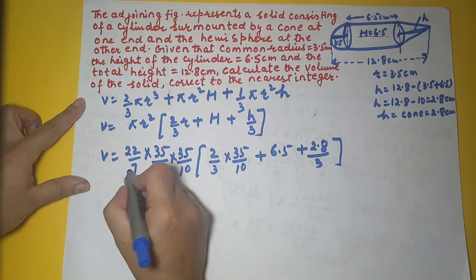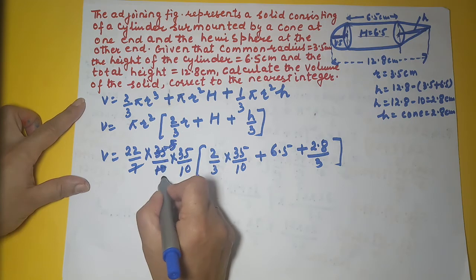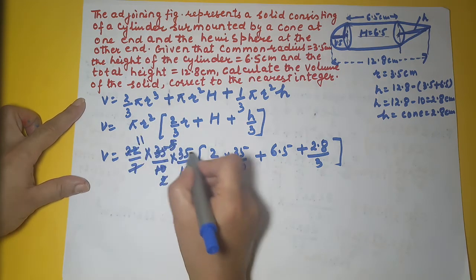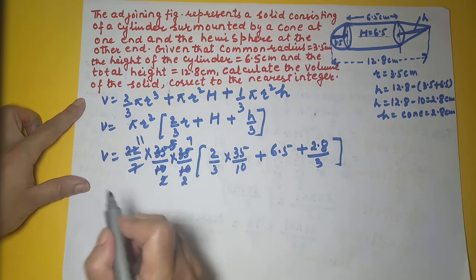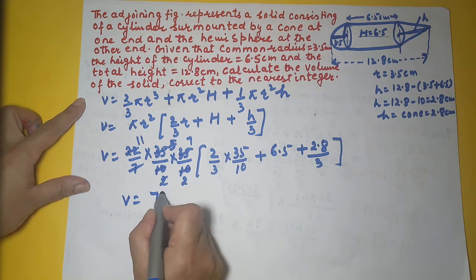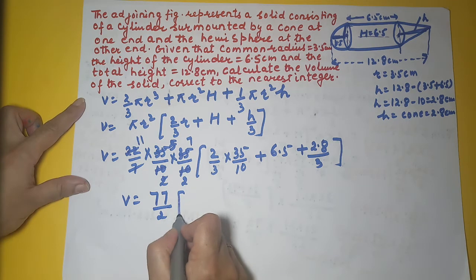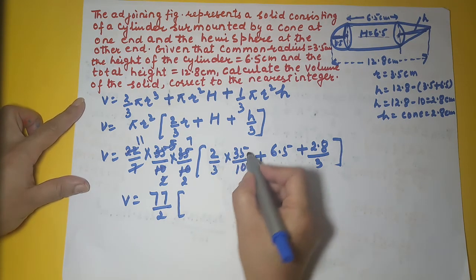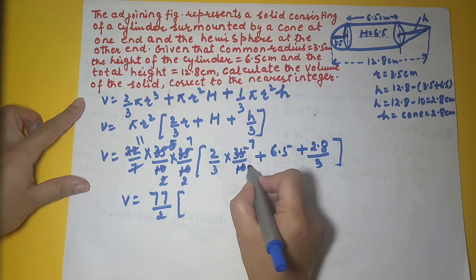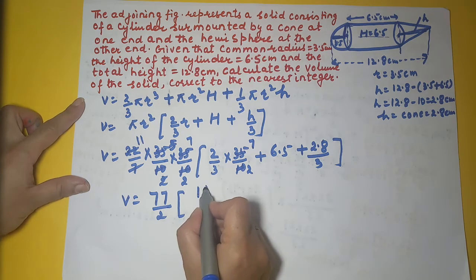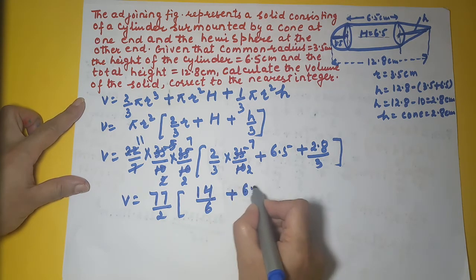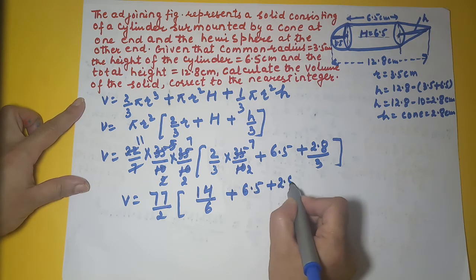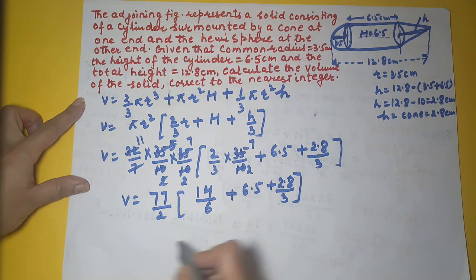So finally 7 5s are 35, 5 2s are 10, 11 5s are 55... 7 into 11 is 77 upon 2 into, 7 2s are 14 upon 6 plus 6.5 plus 2.8 divided by 3.